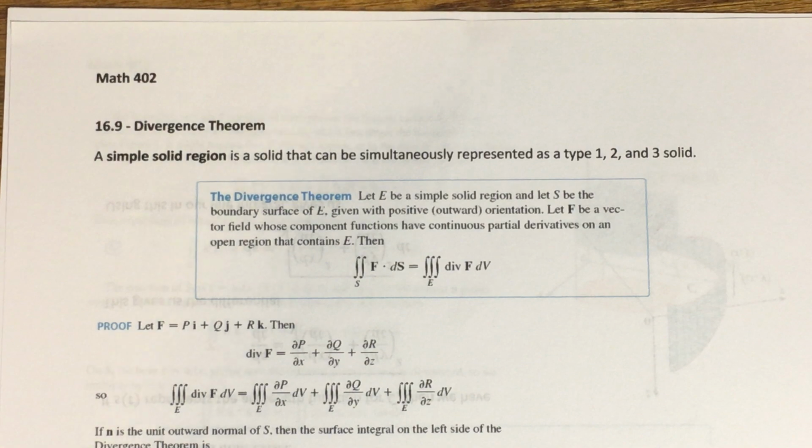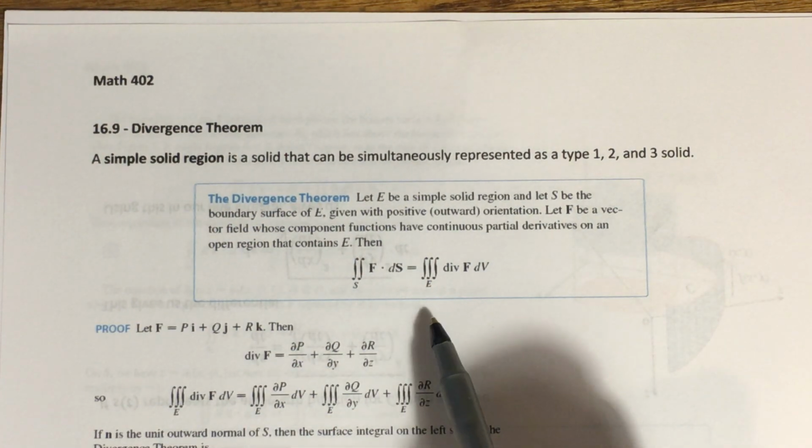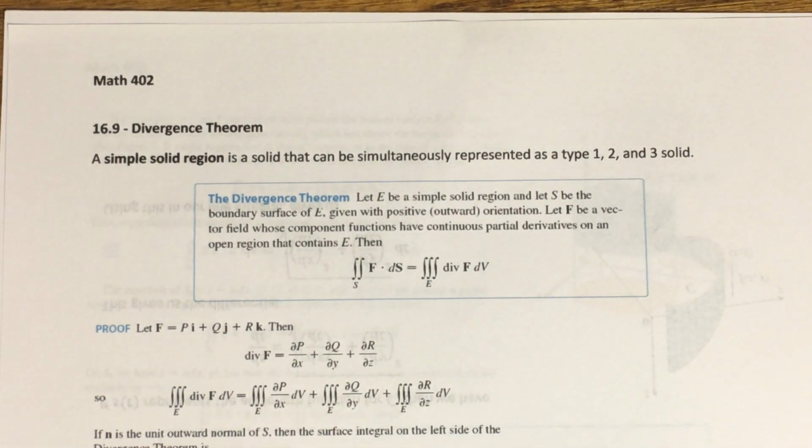So one thing I want to do here is draw a distinction between Stokes' theorem and the divergence theorem, specifically in the types of surfaces that we're talking about. If you notice in Stokes' theorem, we also talk about a flux integral or a surface integral, and we relate it to the line integral along a boundary curve.